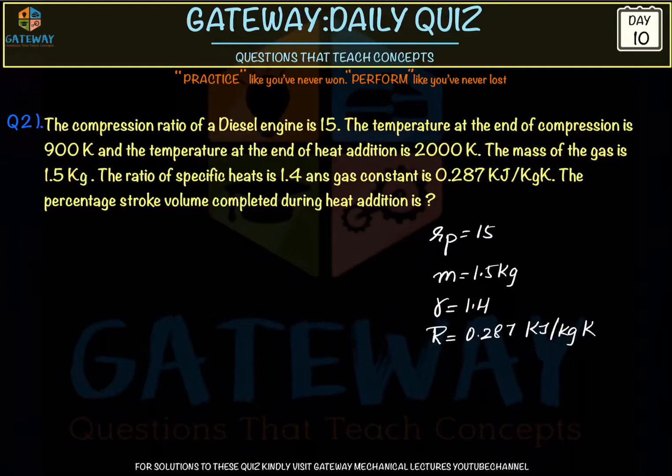We need the percentage of stroke volume completed during heat addition. First of all, it is a diesel engine, so for the diesel engine we will take the PV diagram. How will the PV diagram look for the diesel engine? For a diesel engine, the compression and expansion are always isentropic, the heat addition takes place at constant pressure, and heat rejection for any cycle always takes place at constant volume.